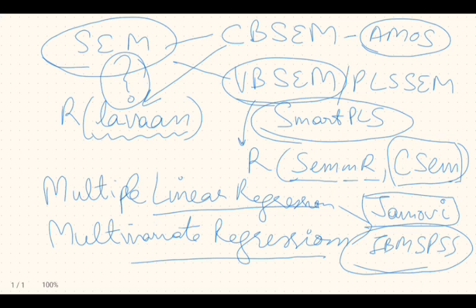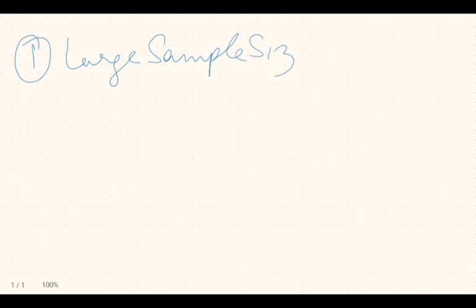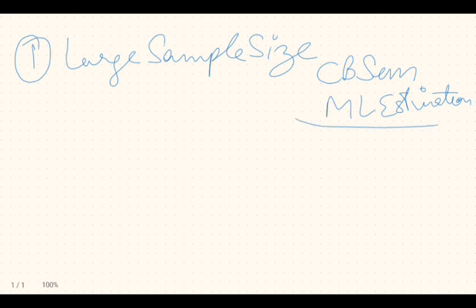Now I'll give you the reasons why and when to use structural equation modeling. The first reason is when you have a large sample size. CBSEM, which works on maximum likelihood (ML) estimation, assumes that your data is normal in nature.